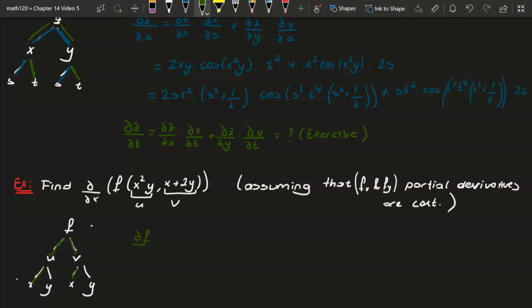The derivative of f with respect to x is the partial derivative of f with respect to u times the partial derivative of u with respect to x, plus the partial derivative of f with respect to v times the partial derivative of v with respect to x. When we say partial derivative of f with respect to u, we mean the partial derivative of f with respect to the first coordinate.